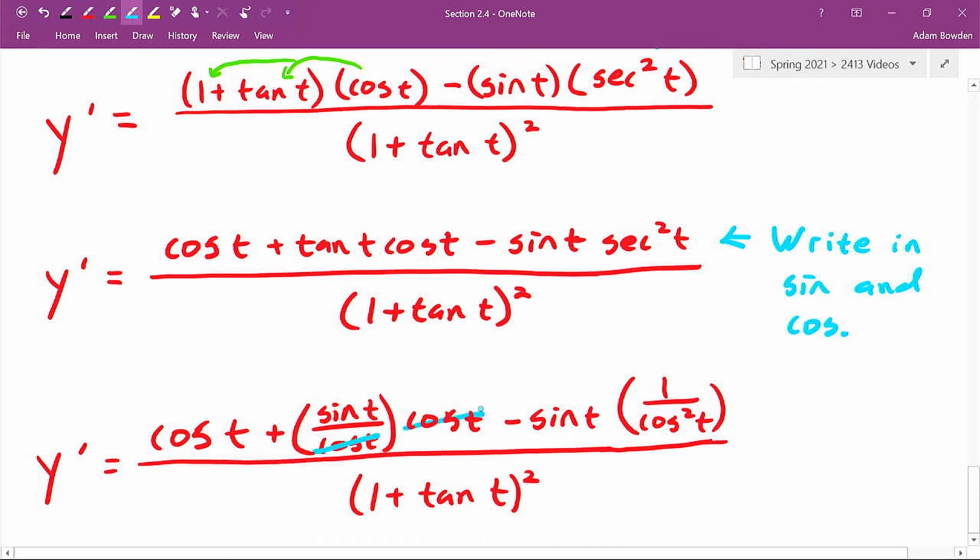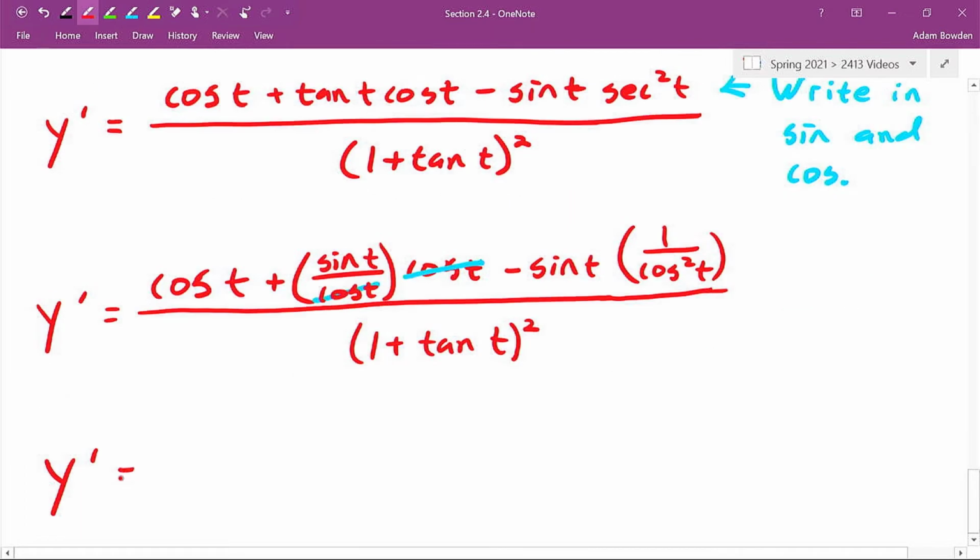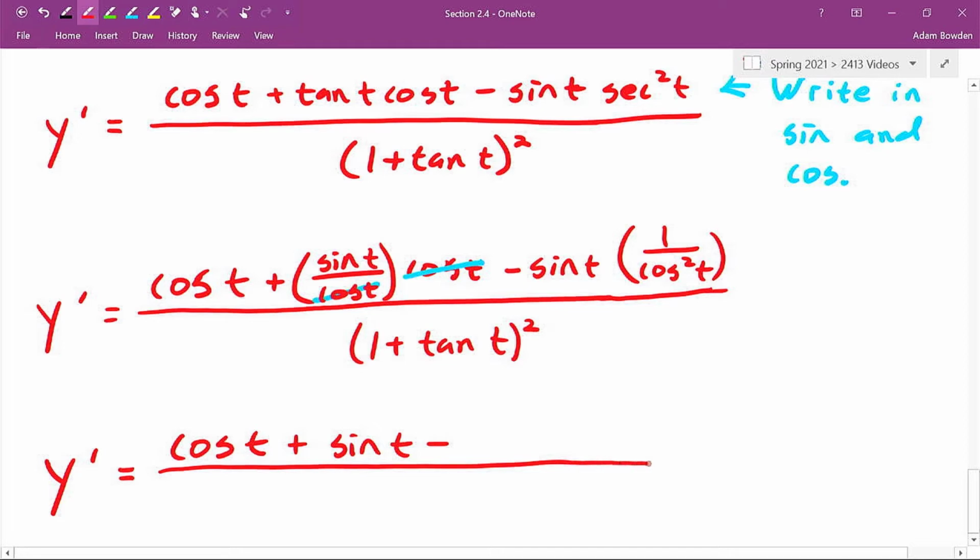I can go ahead and cross that out. And so I'm going to rewrite this as cosine t plus sine t minus, not a whole lot going on simplifying in the other part with multiplying, but I will go ahead and, just for a slightly different way of rewriting it, make it into sine t over cosine t times 1 over cosine t.